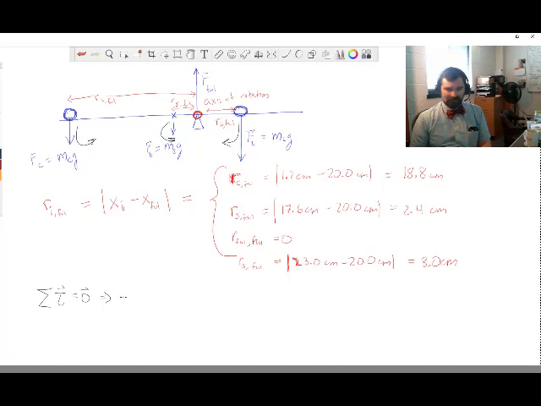So we have essentially R sub C fulcrum times MC times G. And we have RS fulcrum MS times G. And then this term is a 0 term, but basically R fulcrum times F fulcrum.